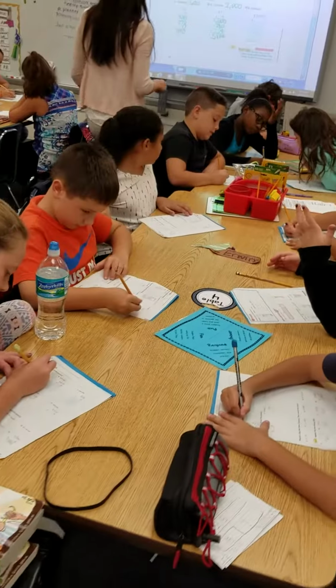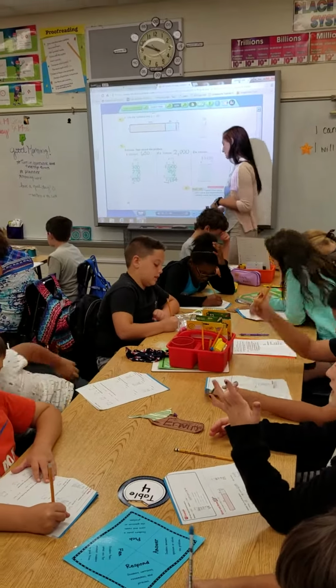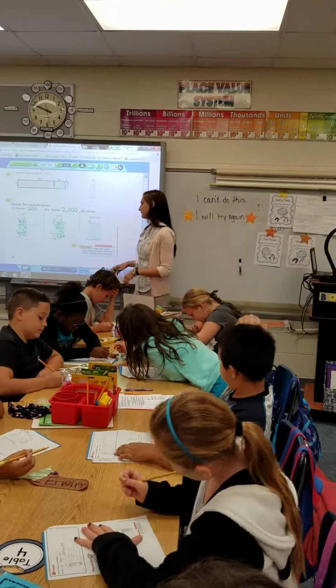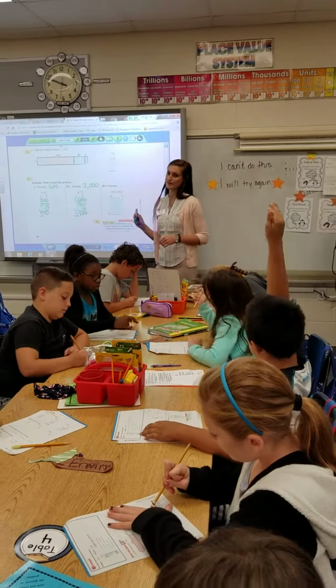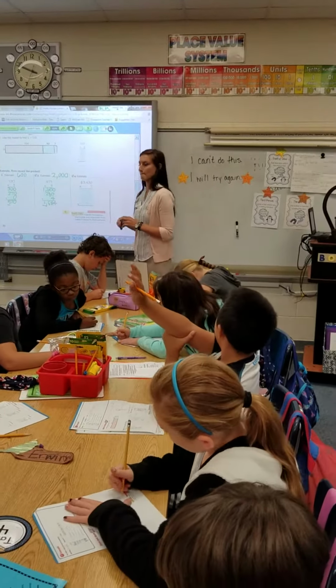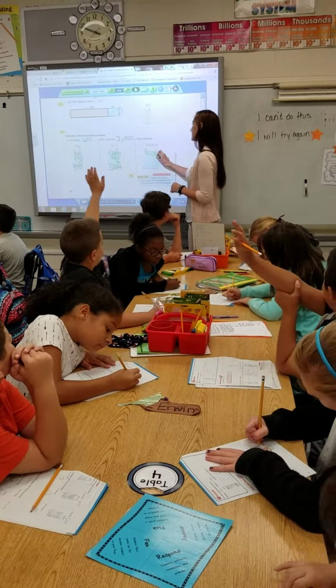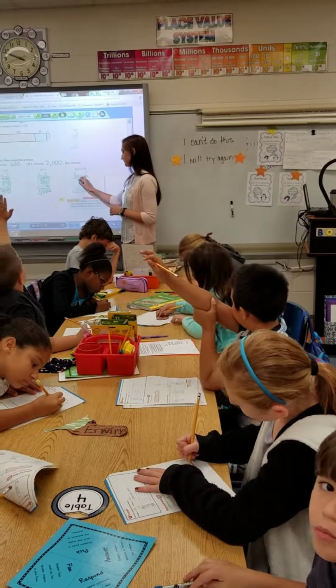So since many of you have already solved for this one, what did you get as your partial product when you broke up 3,439 and distributed? Addison. First, what did you get when you did 7 times 3,000? 21,000. Then what did you get when you did 7 times 400? 2,800.